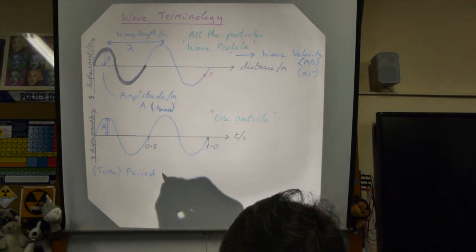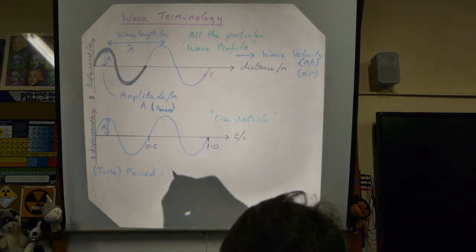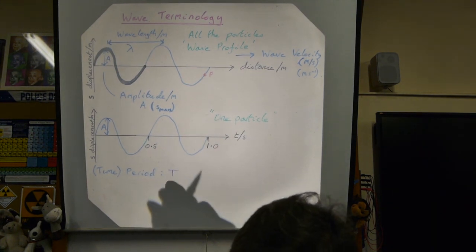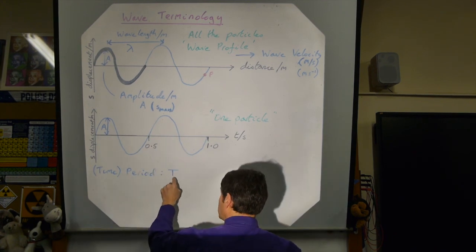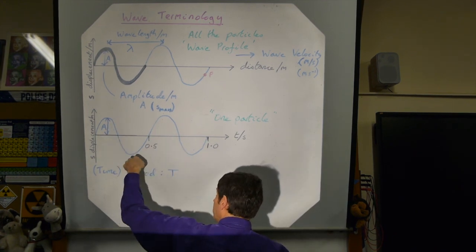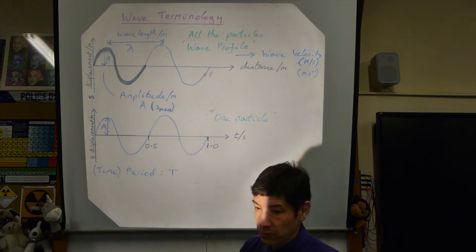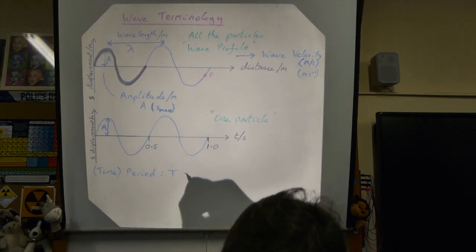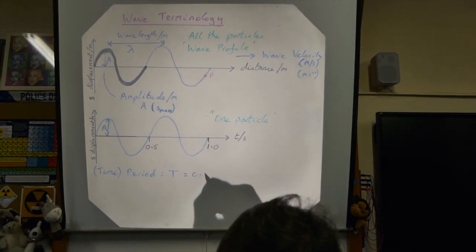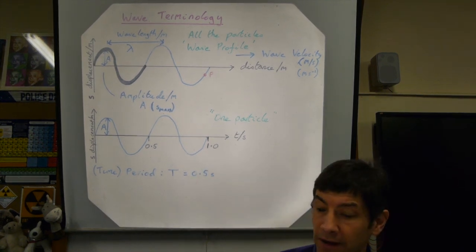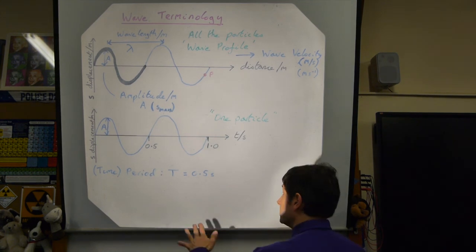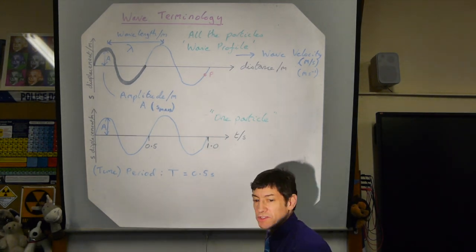Notice it's capital T, so it's not any time on the wave. It is the time taken for the wave to do one complete oscillation, one cycle. For the case above, the time period is 0.5 seconds.